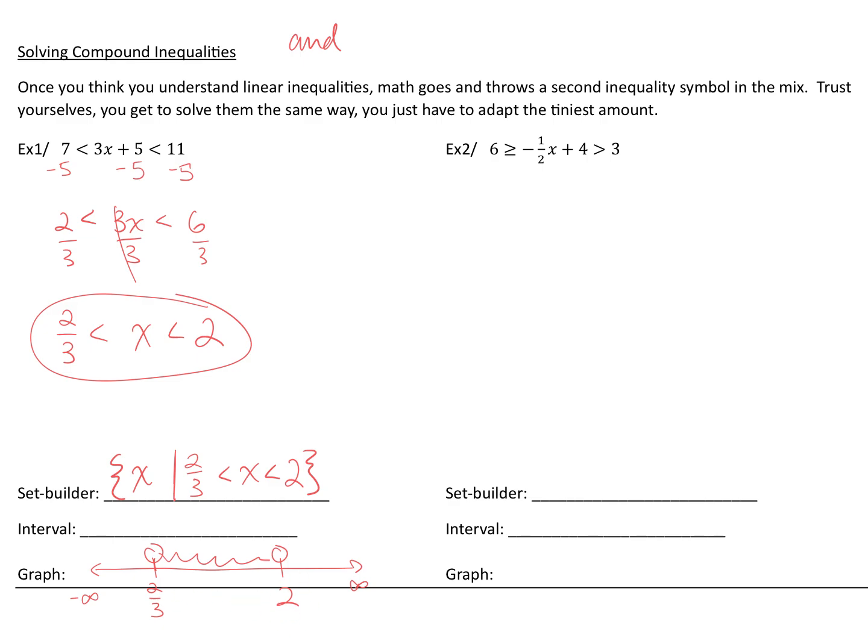So this shading here between 2/3 and 2 starts as far left as 2/3 and goes as far right as 2. And because we have a strictly less than with the 2/3 and an open dot with the 2/3, then we will use a parenthesis with the 2/3, and something very similar happens for the 2.